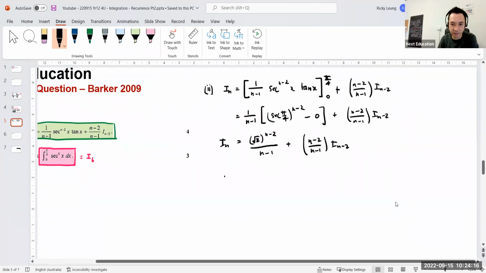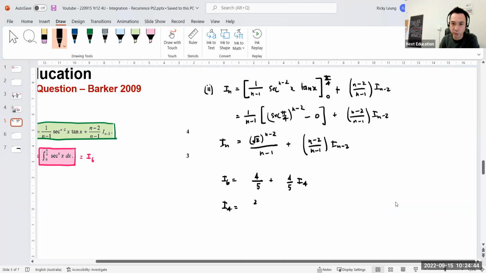Right, we're here. So I_6 equals, so when I sub in 6, that's 4 on 5 plus, yeah, what's that? 6. So that's 4 on 5 again, I_4. Great. I_4 will be squared.